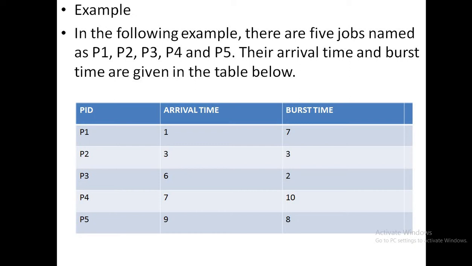So how to prepare the Gantt chart based on the CPU burst time? First we will see which job comes first into the system. The arrival time of P1 is 1, so from 0 to 1 no process arrives. That's why we can take 0 to 1 as a blank.